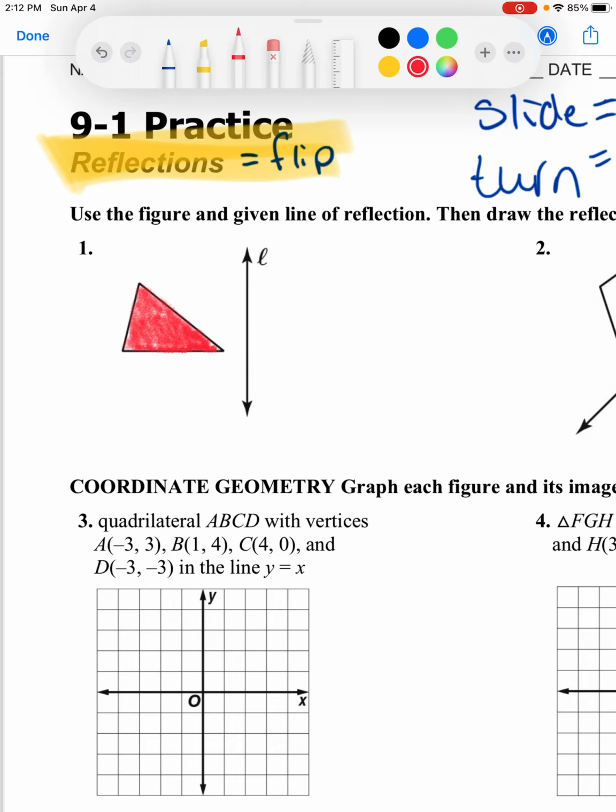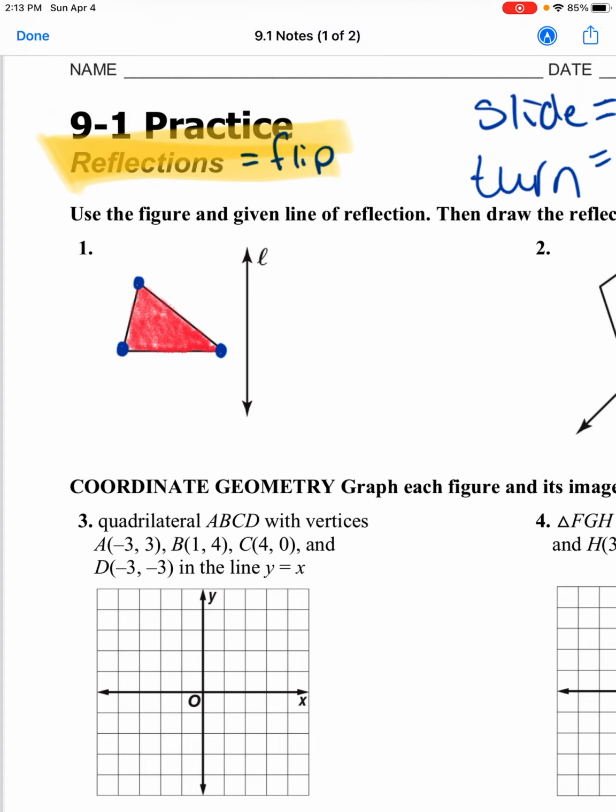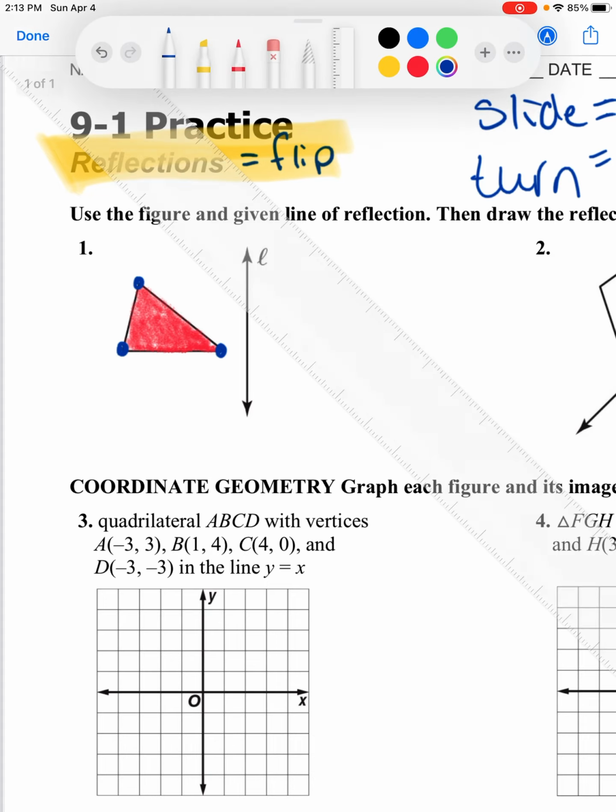We're not in a coordinate grid, so it's a little more challenging to do this mathematically.